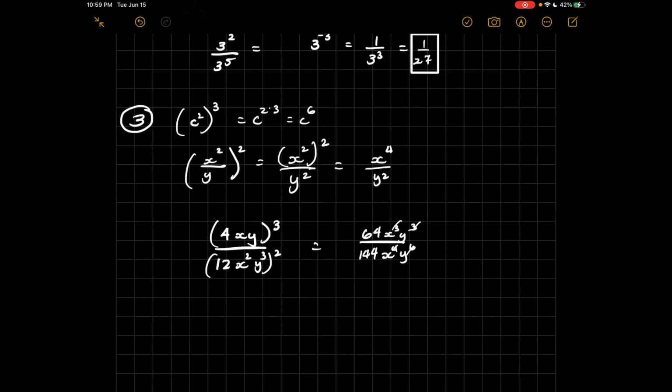Divide both by, I think the smallest common factor here is 16. 4 divided by 16 and 144 divided by 16 gets me 4 over 9. X is on the bottom, y is on the bottom, and we have 3 y's, or y cubed on the bottom. Because 3 minus 4 is going to be x to the power of -1. Y3, y6, that's going to get you y negative 3, which is a y cubed on the bottom.